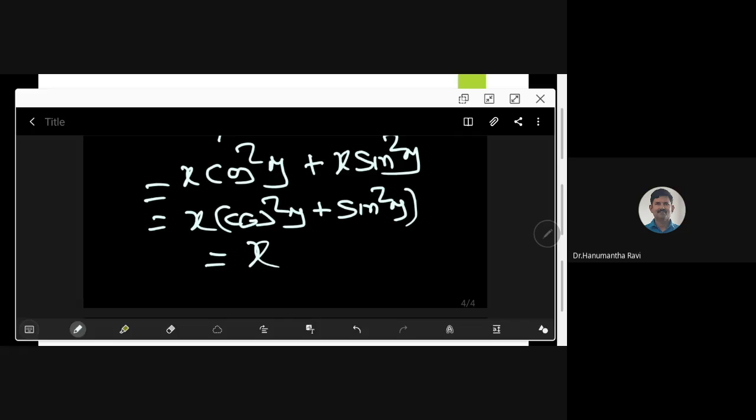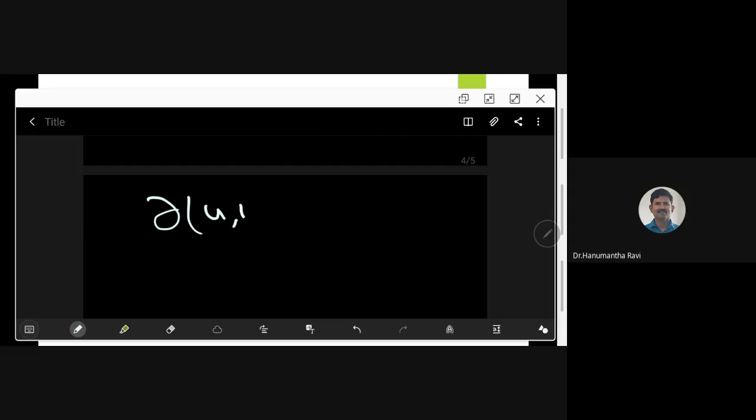So what did we find here? We found that dou (u, v) by dou (x, y) is x. So it is not identically equal to 0.